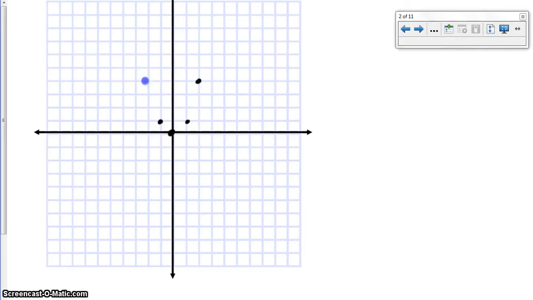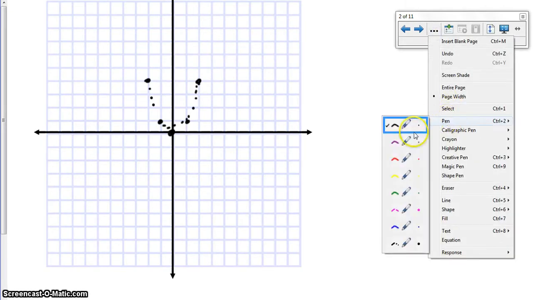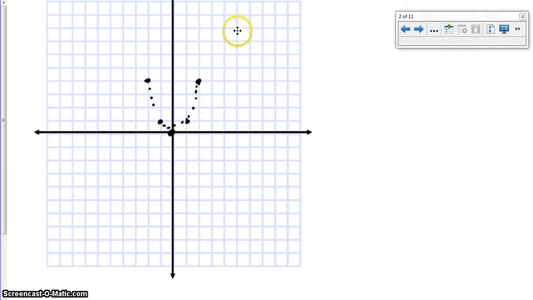But I don't want mine to be there. I want mine to be up over here, and I want it to kind of look like this.